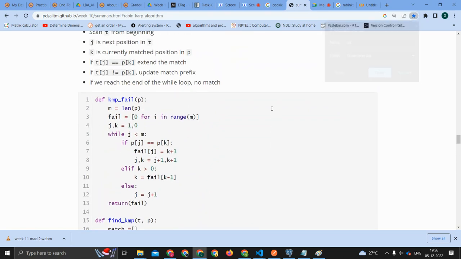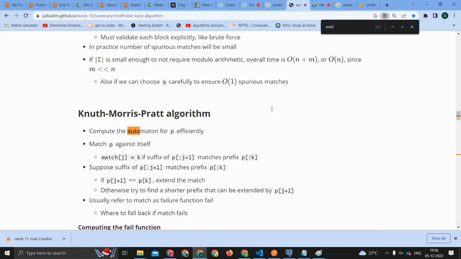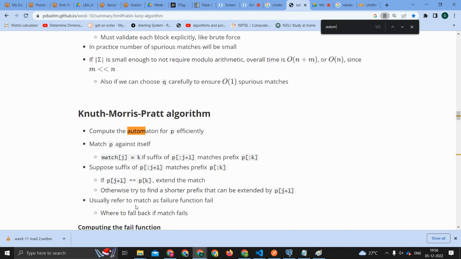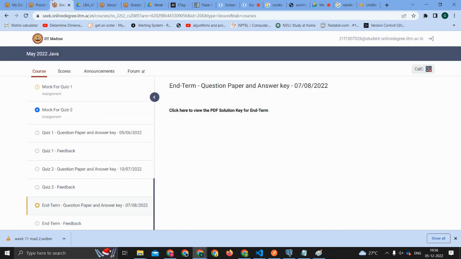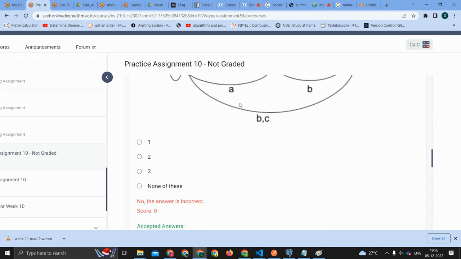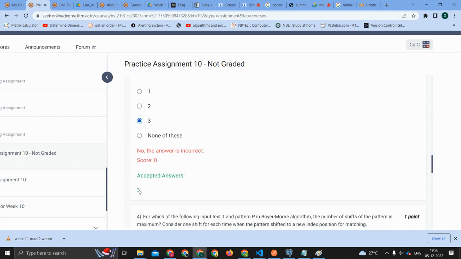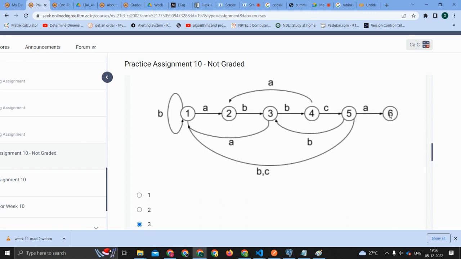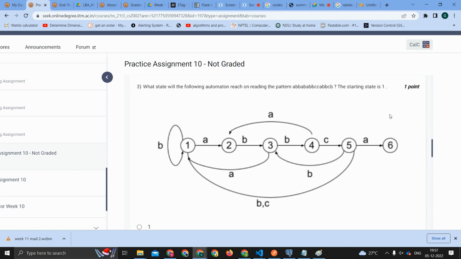Can someone tell me what this automaton is? No idea, no guess. And here the answer is three. What state will the following automaton reach on reading the pattern? The starting state is one. How did they come up with this graph?